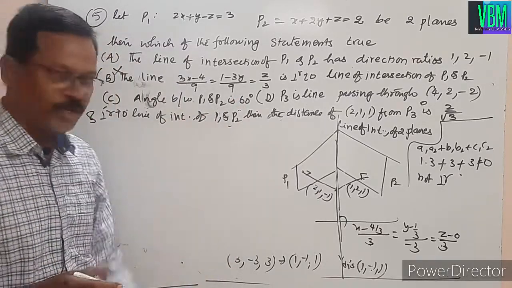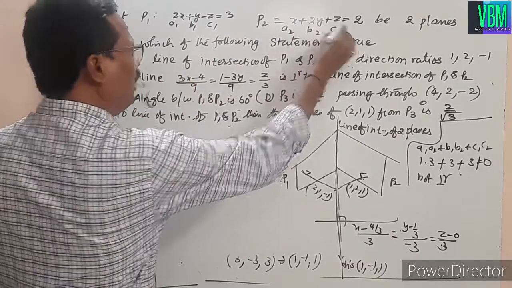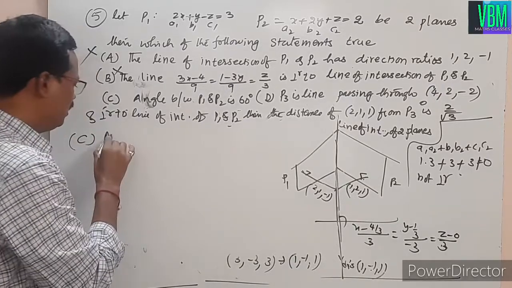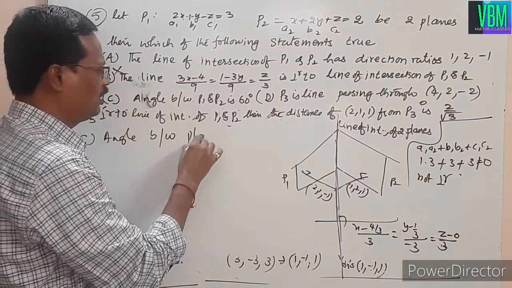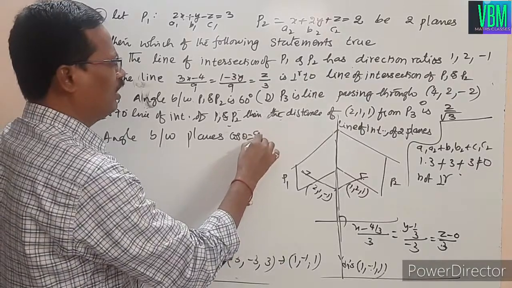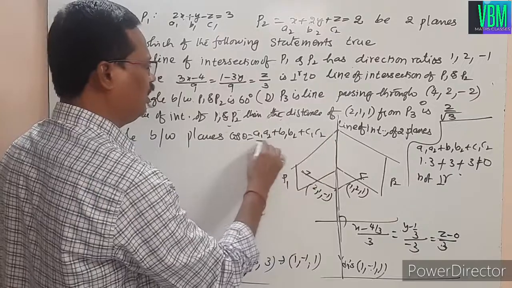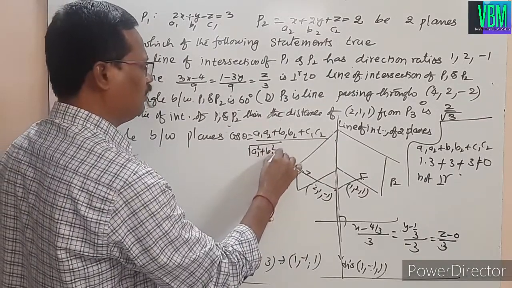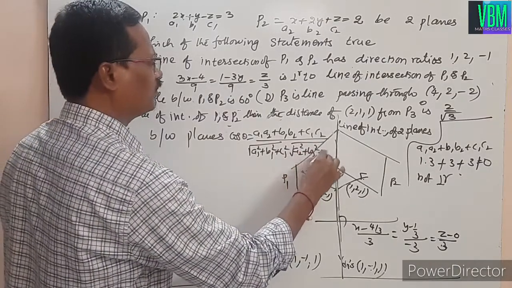This is the C option, the angle between the planes.